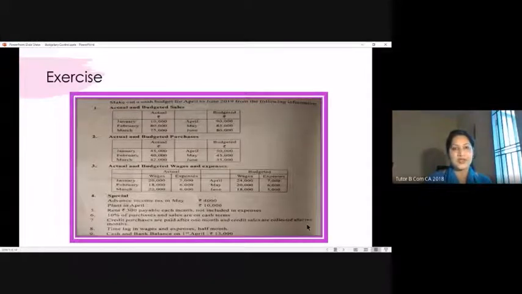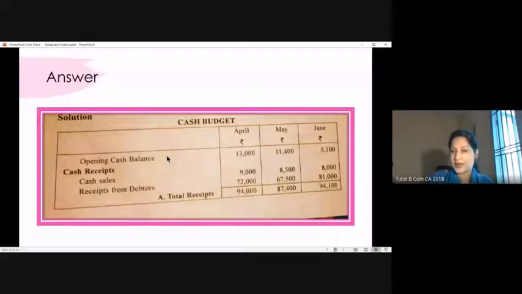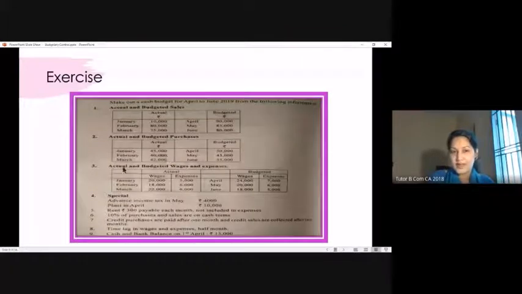So the one which we will be getting here in the month of April will be coming from here. Right. So that's what we have to be very careful about, because they've already said that the credit sales are collected after 2 months.